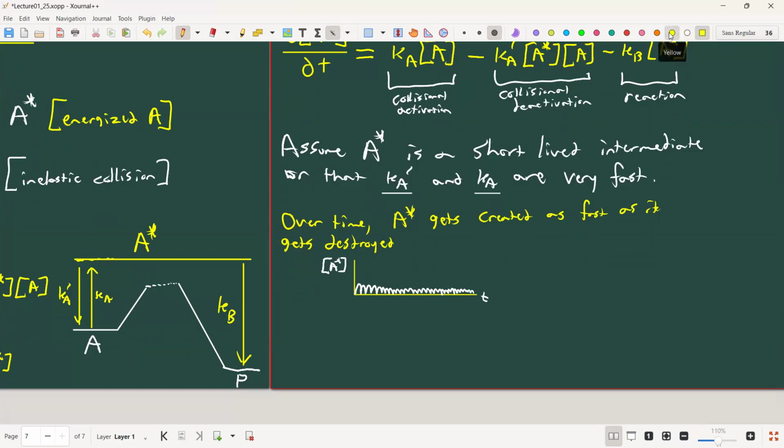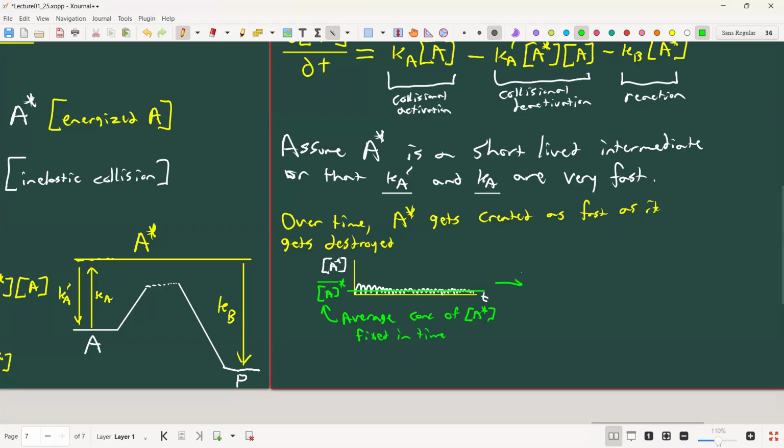So if I average over this measurement, the average concentration of A star is a fixed number, fixed in time.